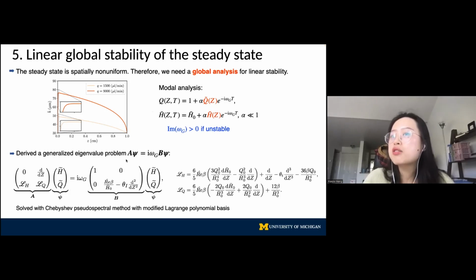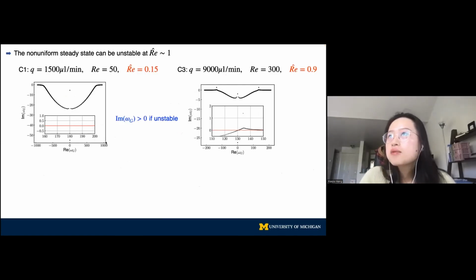This problem can be solved with the Chebyshev pseudospectral method with modified Lagrange polynomial basis. For these two simulated cases, for the low flow rate case, the reduced Reynolds number is much smaller than 1, and the corresponding eigenspectrum always lives in the lower half of the complex plane, which means this case is linearly stable.